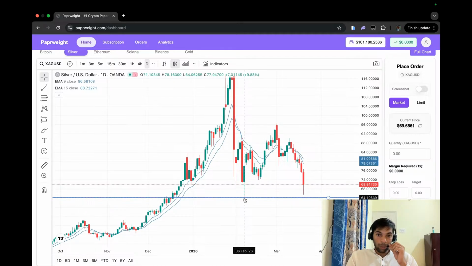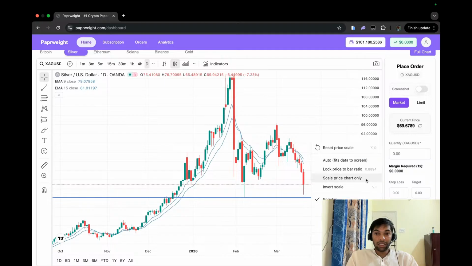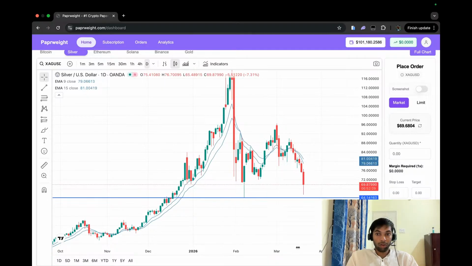So it took a support from this point, the 64 point, and now today also the market has touched 65 points, and this candle is still not closed, it still has 6 hours. You can see that this is a huge fall for the past couple of days. From 11th March, you can see the market is falling like anything.